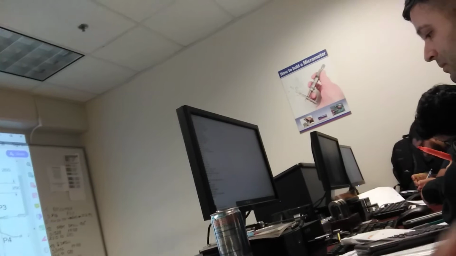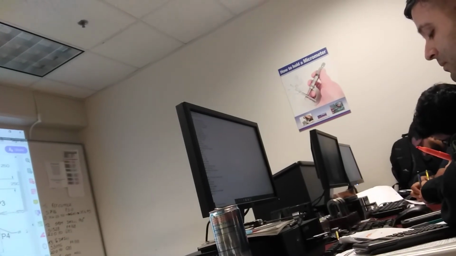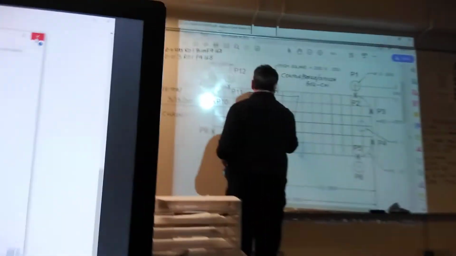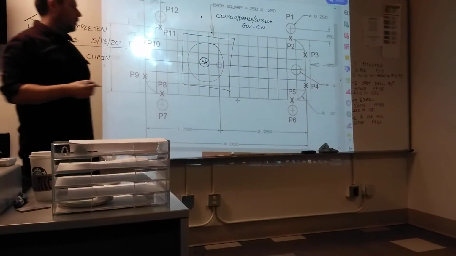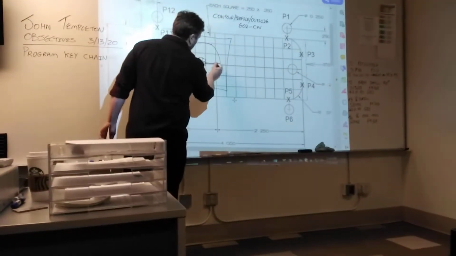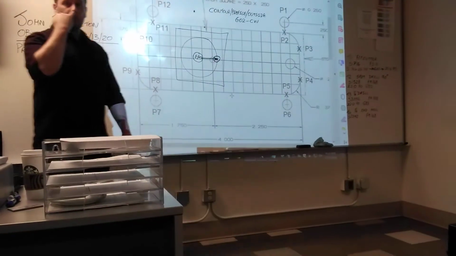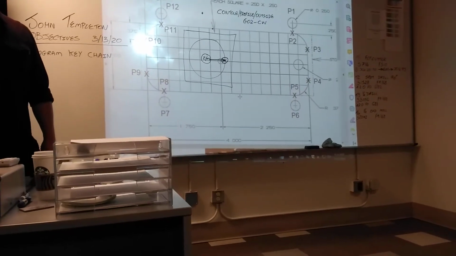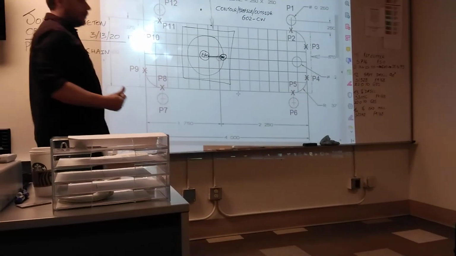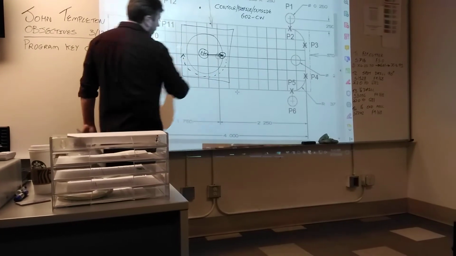You have a part. That's your end mill. And you move to this position here, and you program G41, because you want to climb cut, and you go this direction, clockwise.